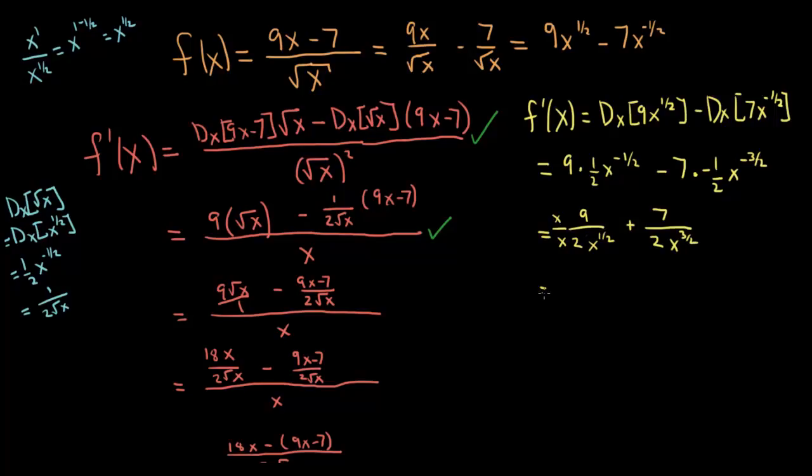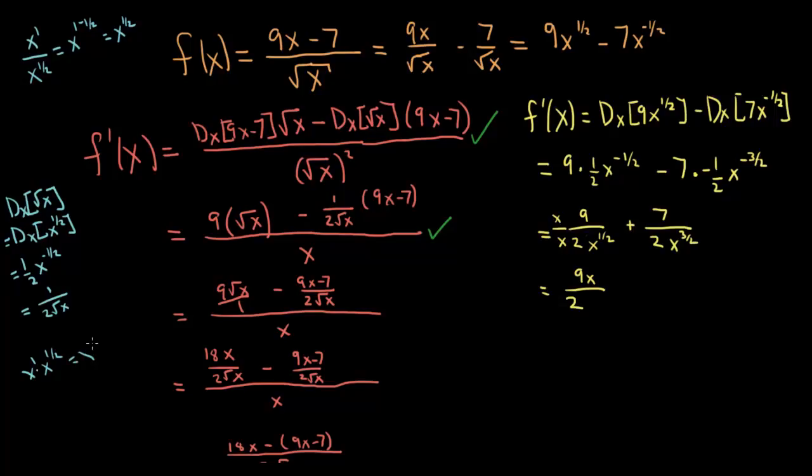Now, why is that true? So we'll get a 9x on top, and we'll have a 2. We have x to the 1/2 power times x to the first power. We talked about that before. The rules of exponents: we have x times x to the 1/2, so that's like x to the first times x to the 1/2. The power rule for exponents says if you have the same base, different exponents, you can add your exponents.